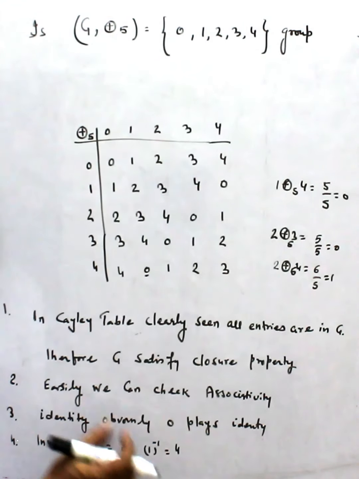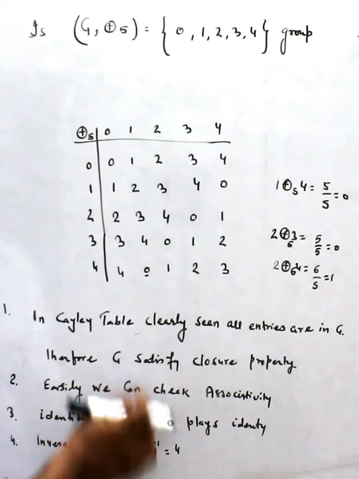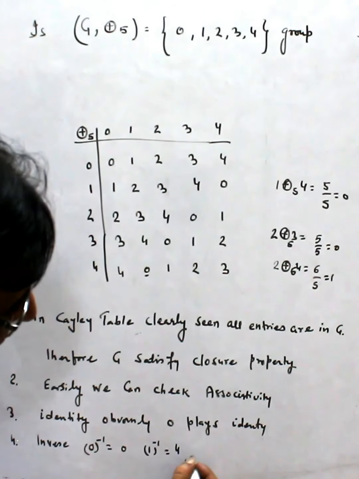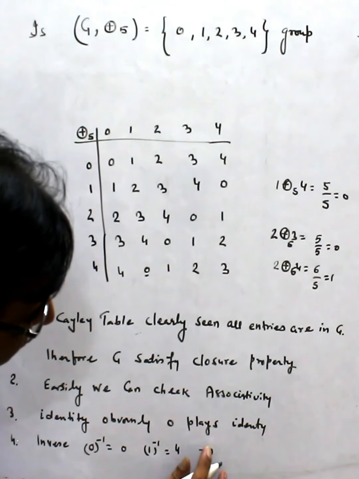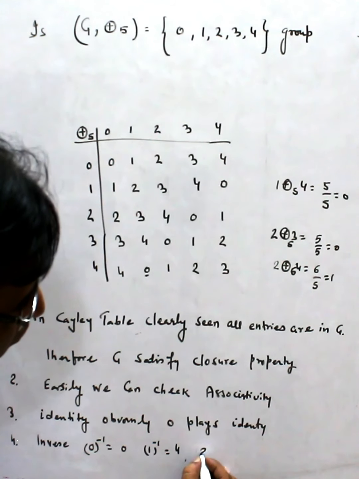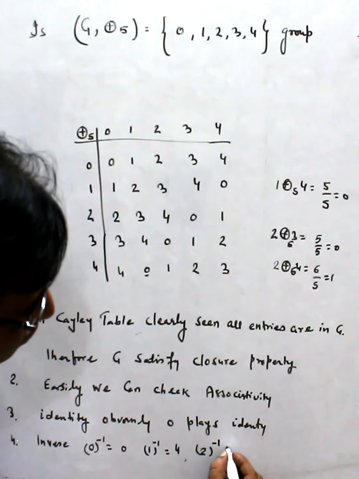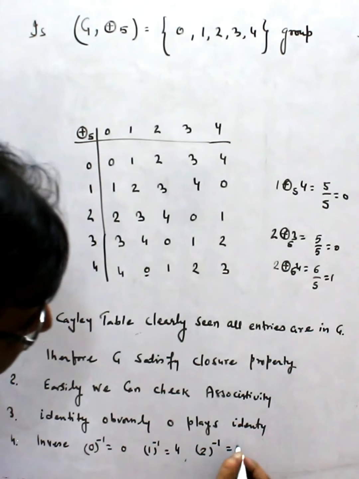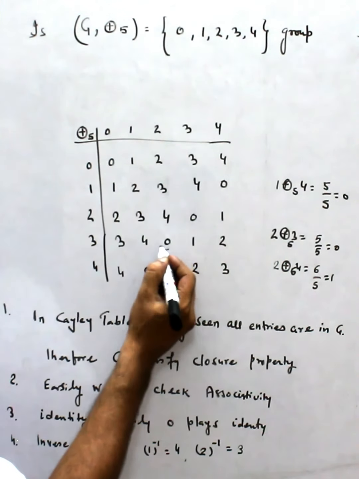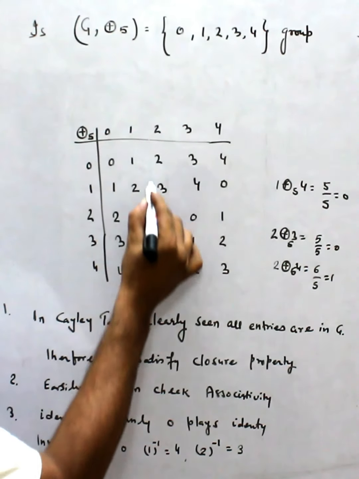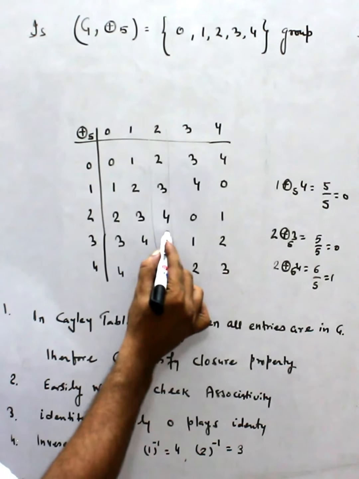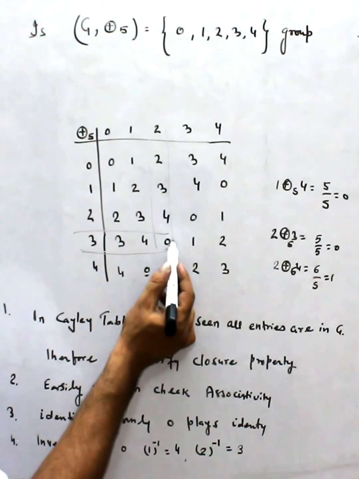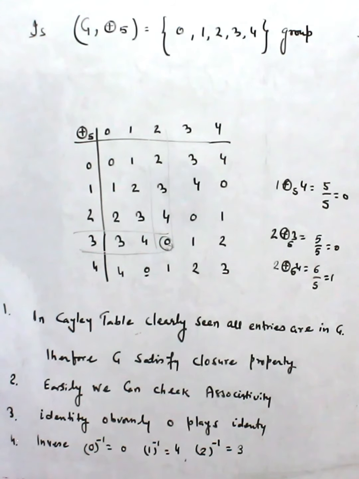Because the inverse is added, then we get 0. That means 0 comes here. And inverse of 2. Inverse of 2 is now 3, because in this column and in this row we can check that 0 comes here.